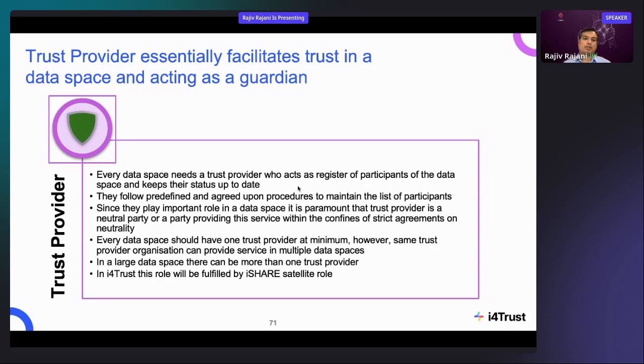So if you are implementing an iForTrust data space, the iShare satellite of that data space is known as the trust provider in the iForTrust role model context. We see that every data space should have a minimum of one trust provider. In an exceptional data space, there can be more than one such role provider. So far, we have not come across such a situation, but it is theoretically possible.